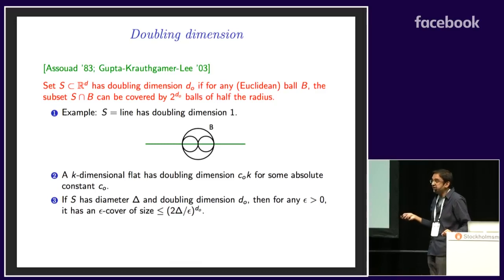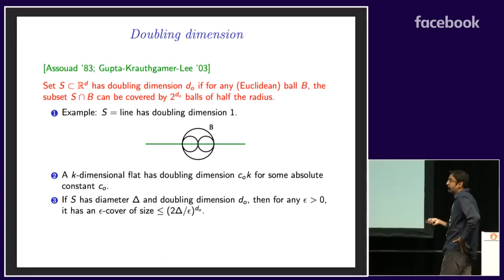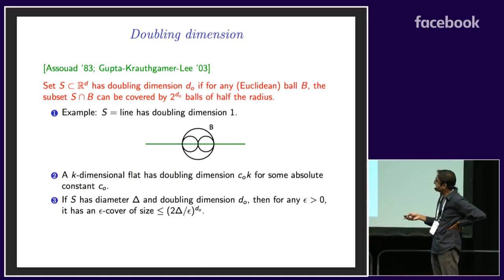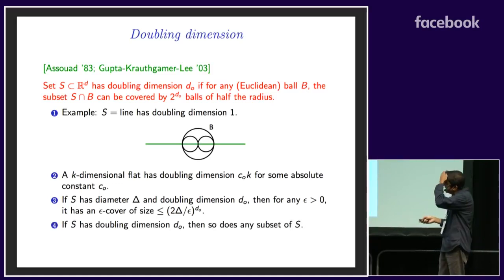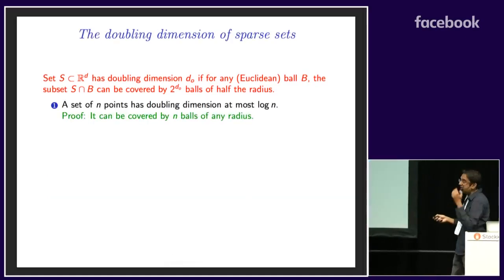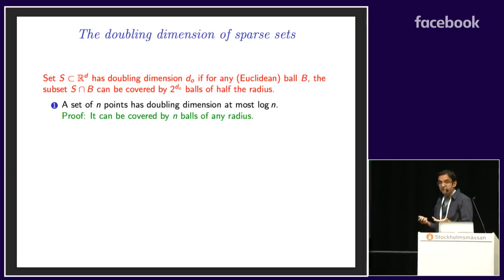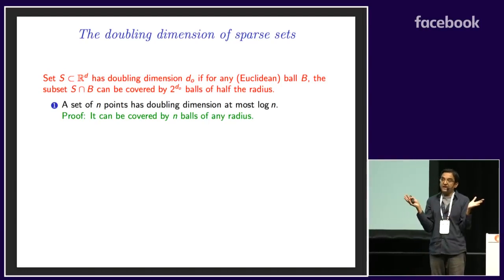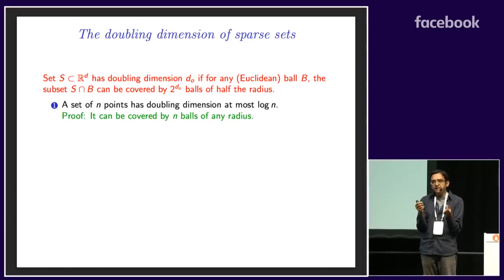The doubling dimension gives you bounds on epsilon covers. Okay? So if you have doubling dimension d0, you have epsilon covers of size 1 over epsilon to the d0. And it turns out that sparse sets have low doubling dimension. So for example, let's say you have data where the dimension is very high, but on any given data point, just a few coordinates are set.